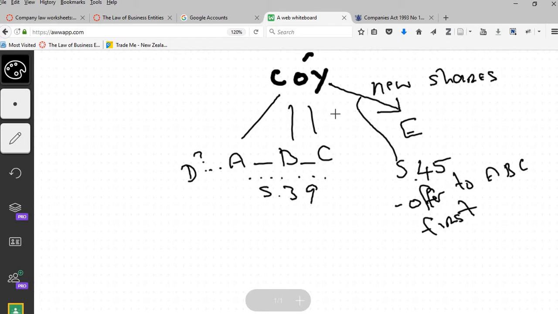So they get first right to buy the new shares, whereas in our previous preemptive rights example, that was to buy shares off existing shareholders first. And it's very, very similar. Section 45 is simply saying offer them to the existing shareholders first, and you offer them in a proportion of existing rights.